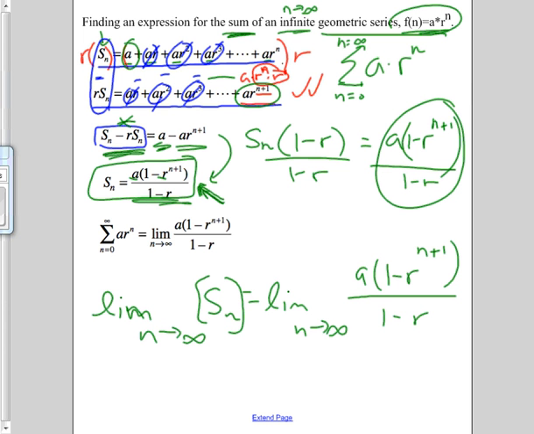This is, as n gets close to infinity, what the sum of the infinite geometric series approaches. It approaches this value here.